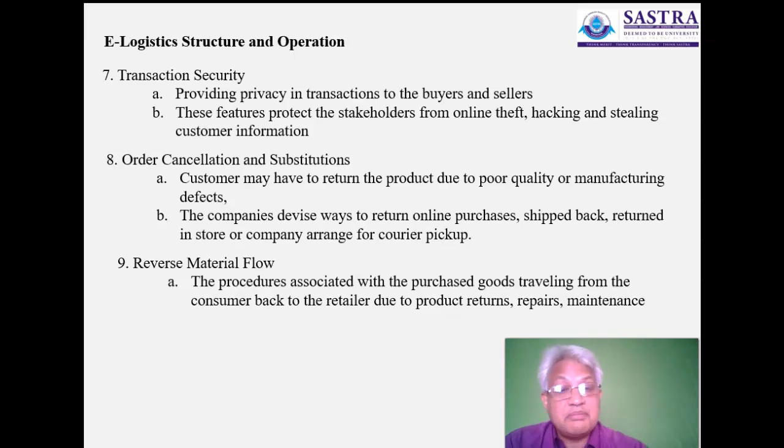That may be a retailer for many reasons. That is product returns, repairs and maintenance. So point 8 and point 9 are quite similar, but however, we see here that in point 8, most of the time the retailer sends back the damaged product directly to the manufacturer and claims a rebate, which is then passed on to the customer.